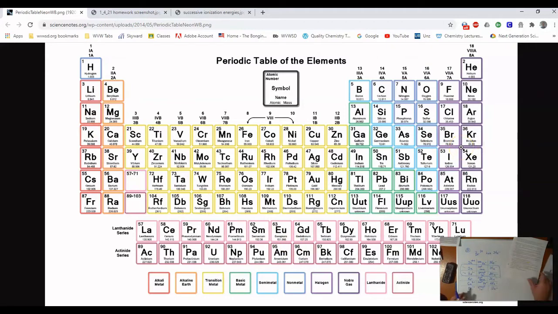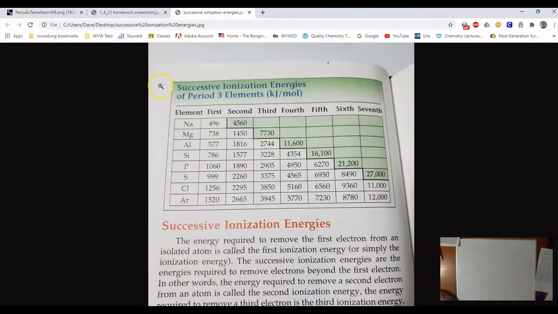Right? Which main group element would be expected to have the lowest second ionization energy? Alright, this is going to take a little bit of thought on our part here. And what might be a good idea is to look back at the reading that I had you do last Thursday.